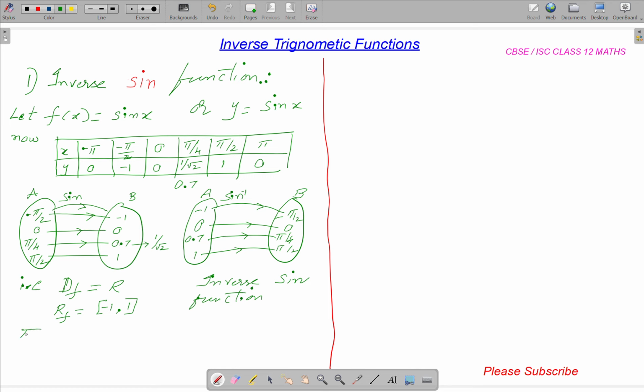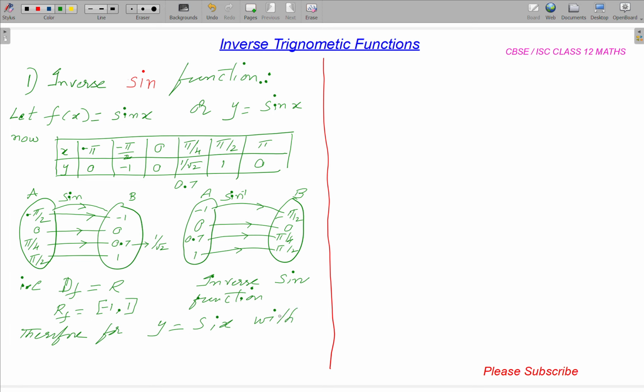Therefore, for y is equal to sin x with domain of f equal to the closed interval of minus pi by 2 and pi by 2, and range of f equal to minus 1 to 1.